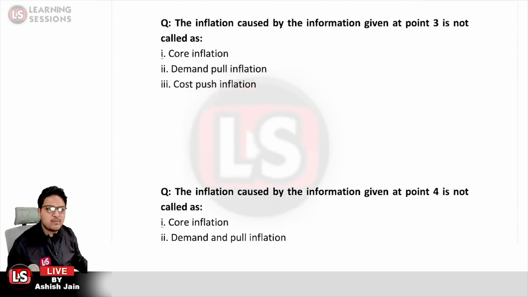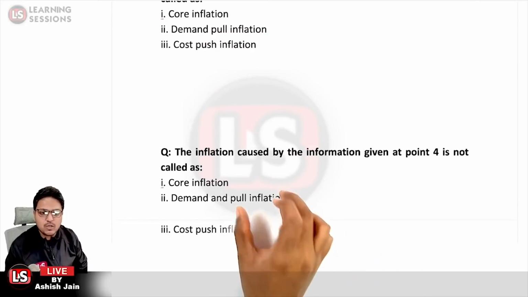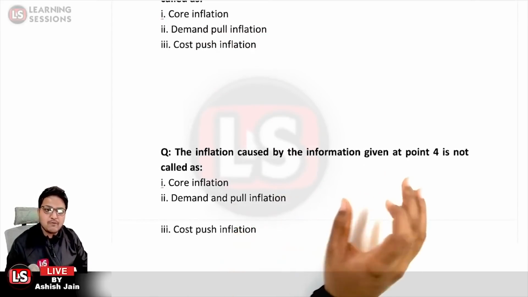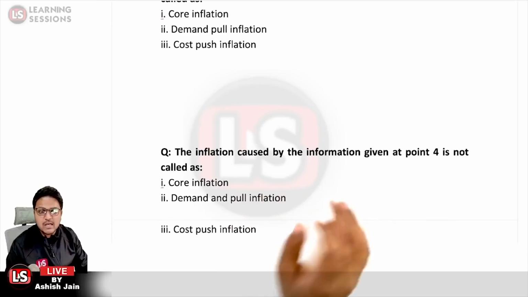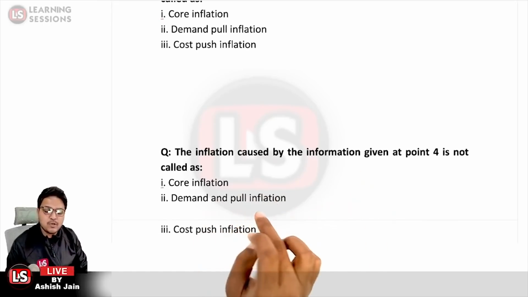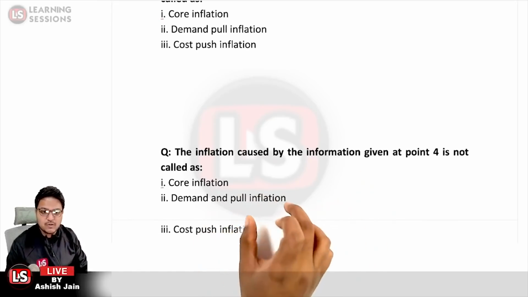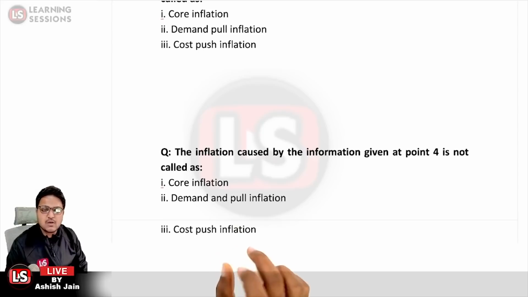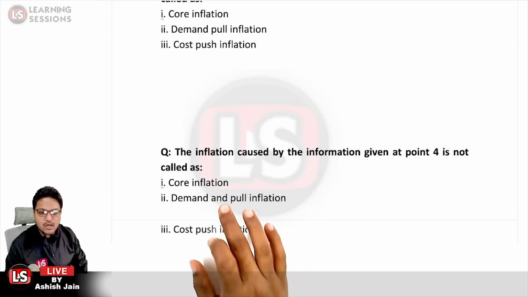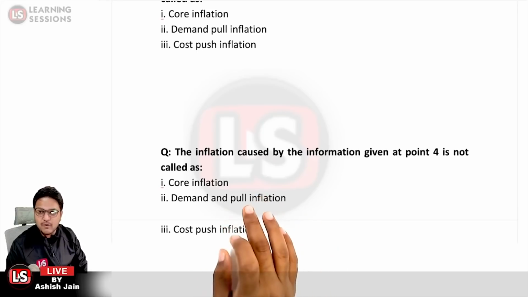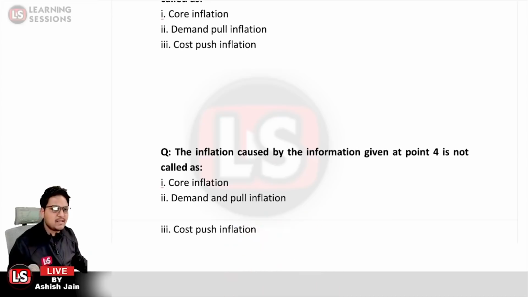So the answer would be option number 3, because we need to tell which is not called as. Core inflation and demand pull inflation are the wrong nomenclature, because it is named cost push inflation. And core inflation is basically the name suggested for CPI, that is the consumer price index.